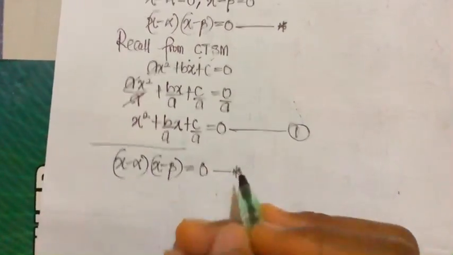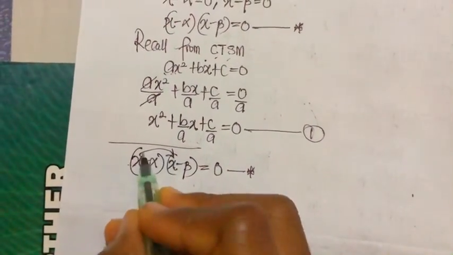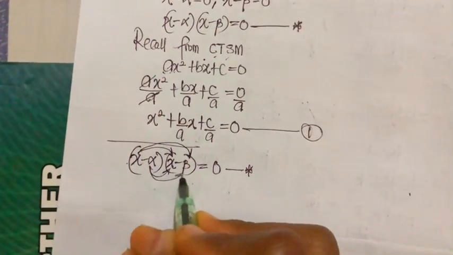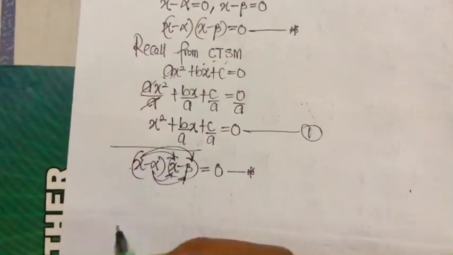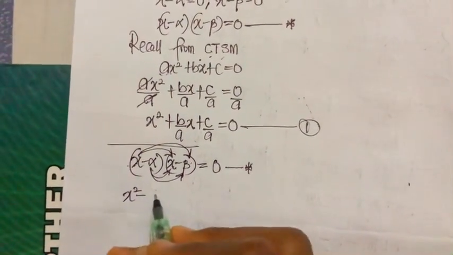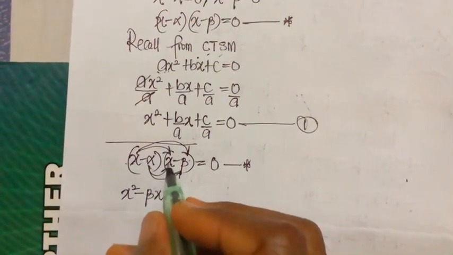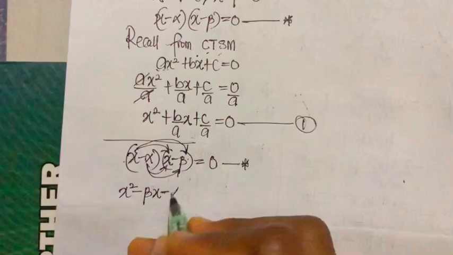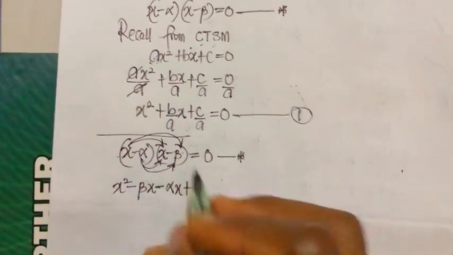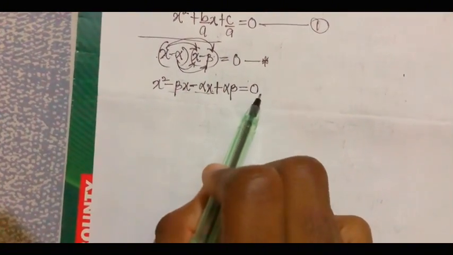Now let's open this expression by multiplying each term. x multiplied by x gives x squared. x multiplied by minus beta gives minus beta x. Alpha times x gives minus alpha x. Then minus times minus is plus, so the last one, alpha multiplied by beta, is alpha beta equals 0.